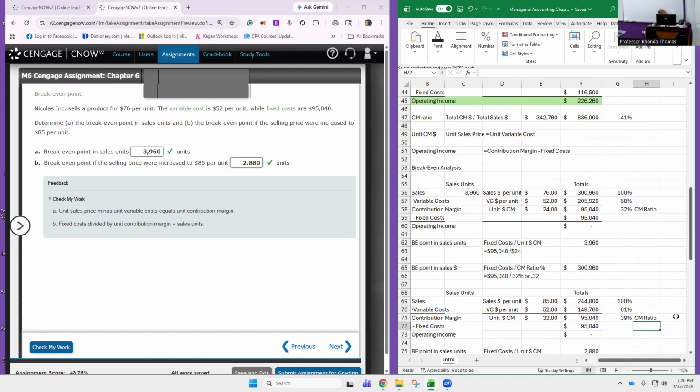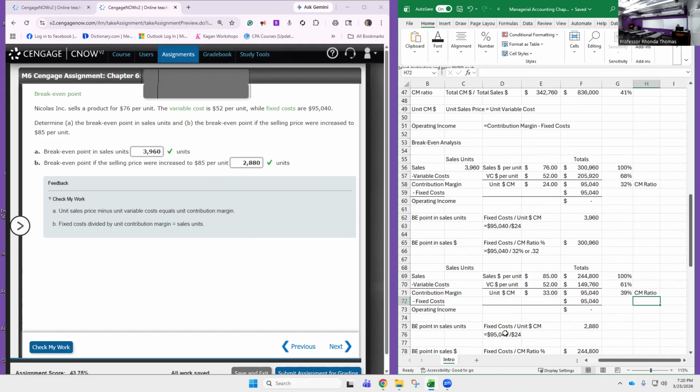So now the contribution margin ratio just went up 7%. That means they're holding on to 7% more of their sales dollars to cover costs. And now we want a break-even. Once again, we're going to take that same fixed cost, but now we have a different unit contribution margin. I do want to highlight.